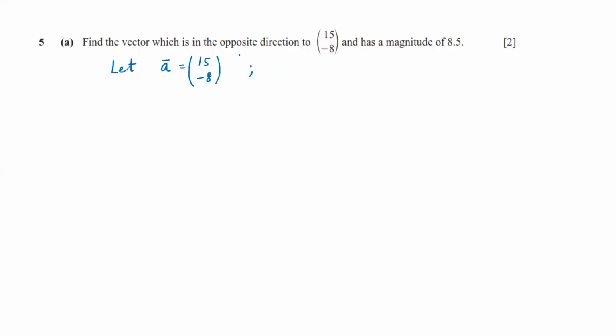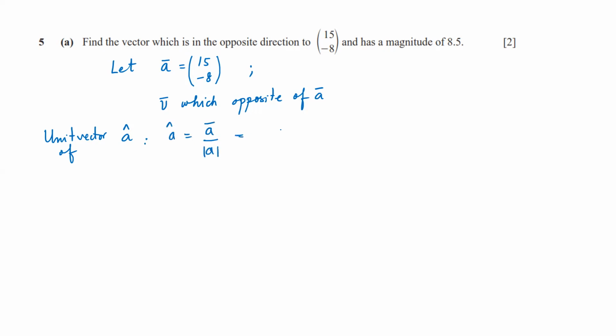We have to find a vector, let's call it vector V, which is opposite of A. So we have to find the unit vector of A. Unit vector of A is A hat, equal to A vector divided by A magnitude.